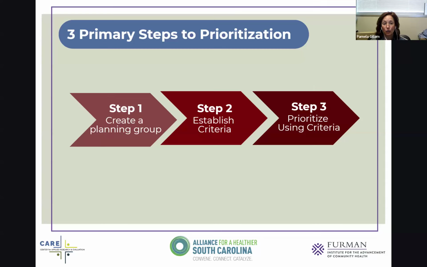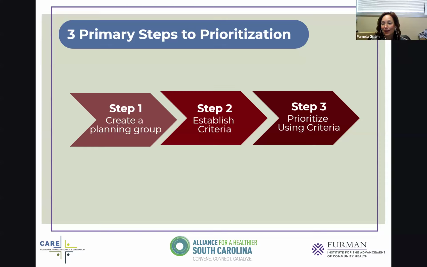Also, a planning group can play a really important part in establishing the criteria that you'll use to set the priorities. There are so many different criteria out there, y'all. Wait till I show you the list we're showing you today. It's long.